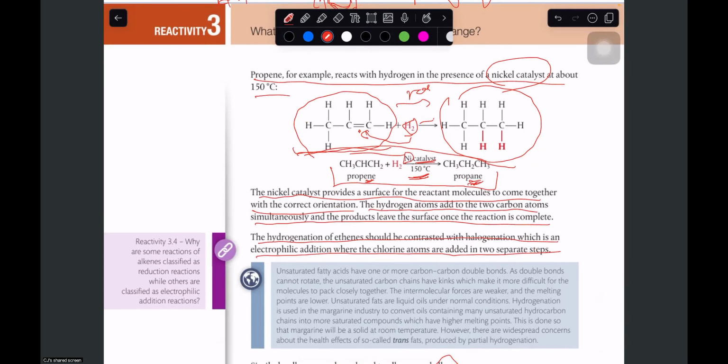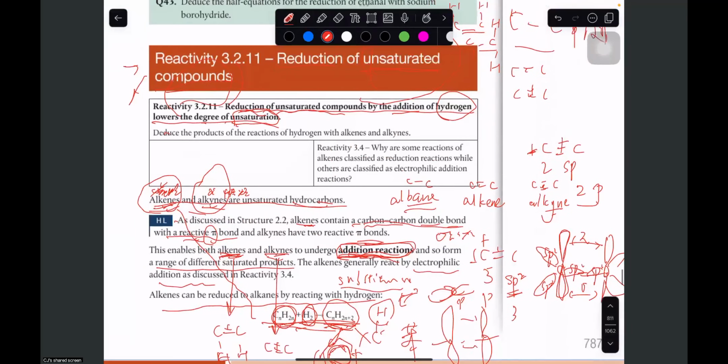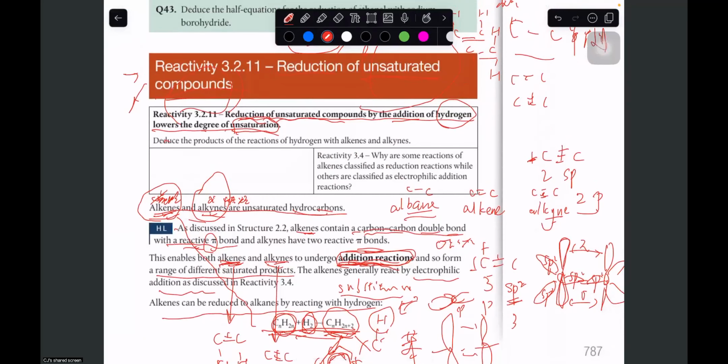And we get the propane. Any question about this section? No.